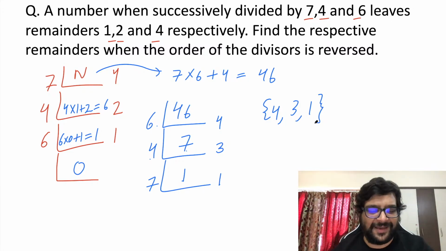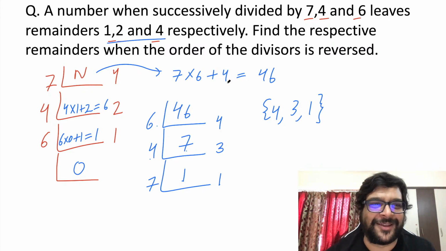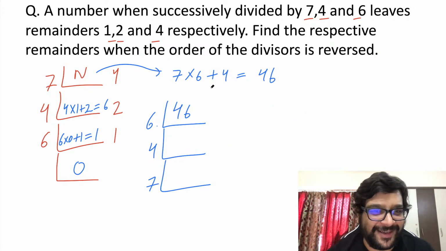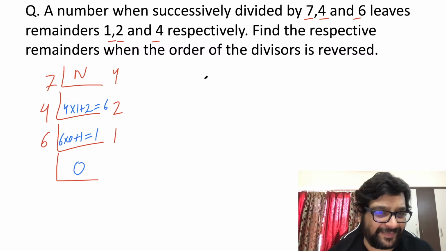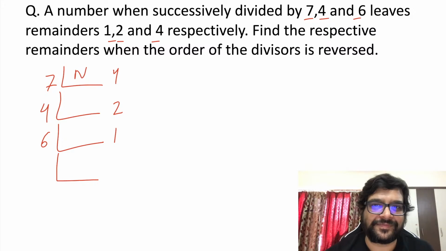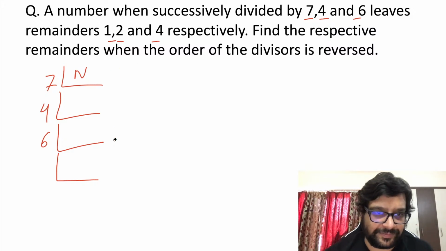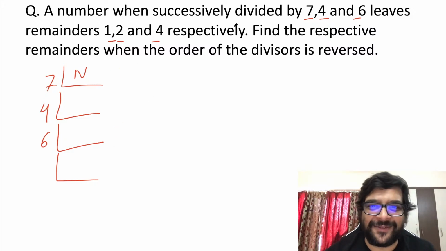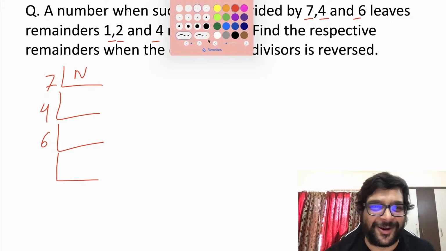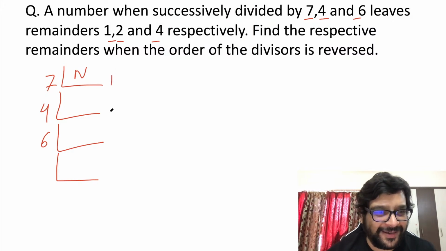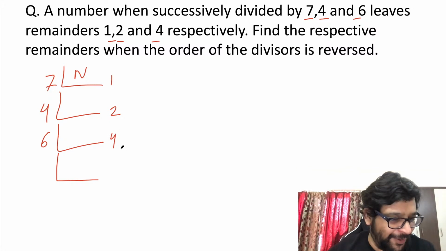Oh, I'm sorry. I took it as 1, 2, 4. I made a mistake. I'll have to do the entire thing again. It is 1, 2, and 4.